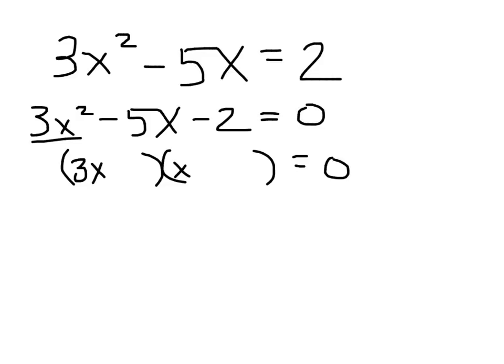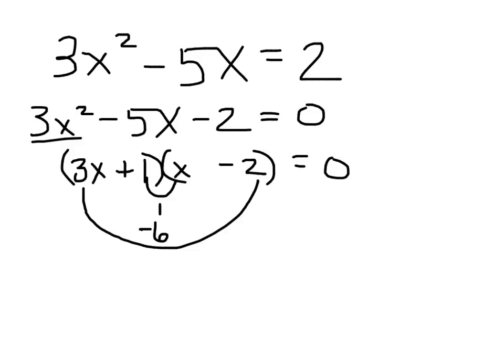1 and 2. Does it matter what order you put them in? Yes, it does. If you put the 2 first and the 1 second, you will not be right. So the 2 needs to come here and the 1 needs to go there. Here's why. When you FOIL it, this would be 6 and this would be a 1. I can use that to make a 5, and this is going to have to be negative.